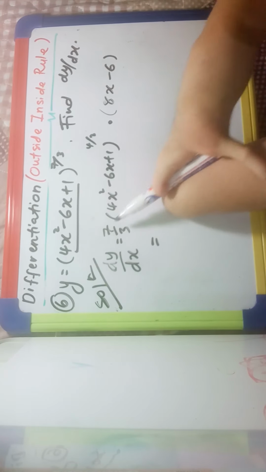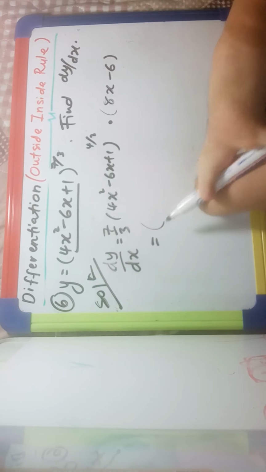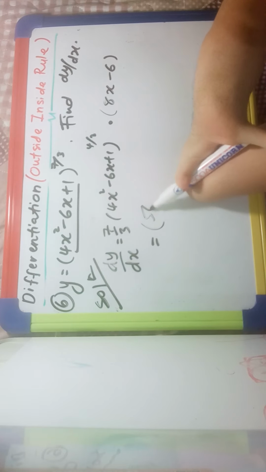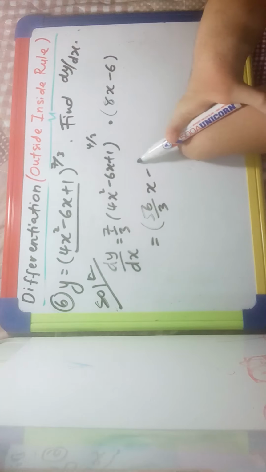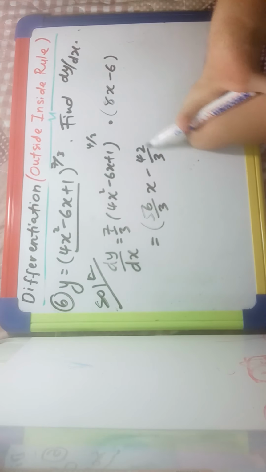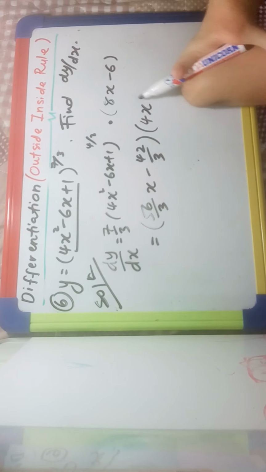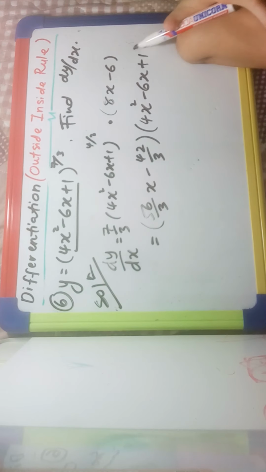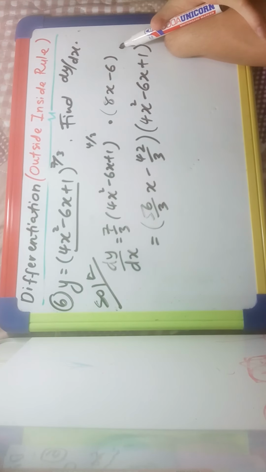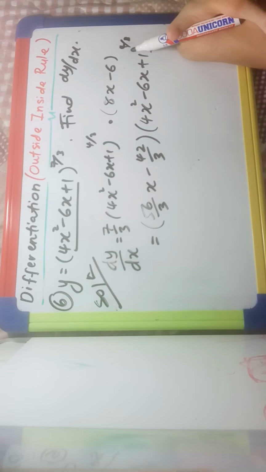How to simplify? 7 over 3 multiplied by 8 and by 6, so you will get 56 over 3x minus 42 over 3, and then another part, 4x square minus 6x plus 1, to the power of 4 over 3.